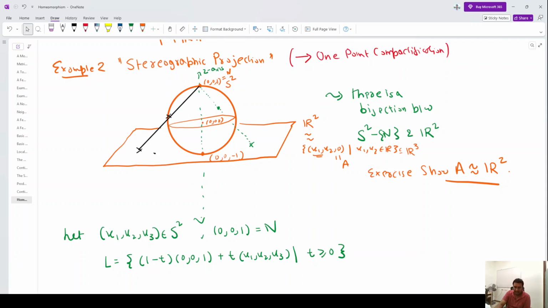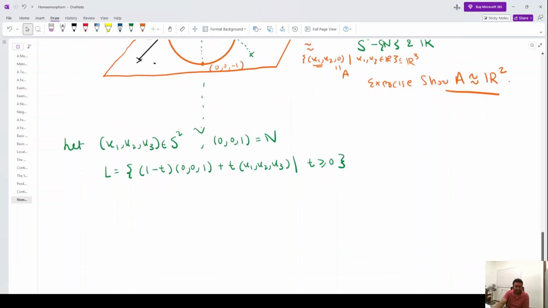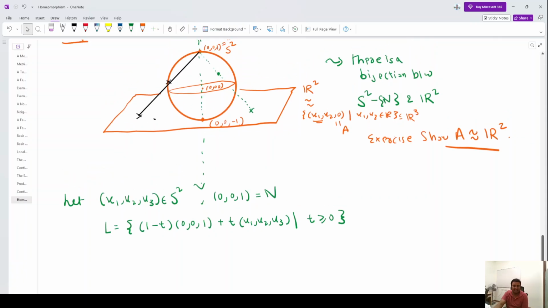Now, we are interested in when the third component is 0. So let us properly write the components. The first component would be t x1. The second component would be t x2. And the third component would be 1 minus t plus t x3, with t bigger than or equal to 0.